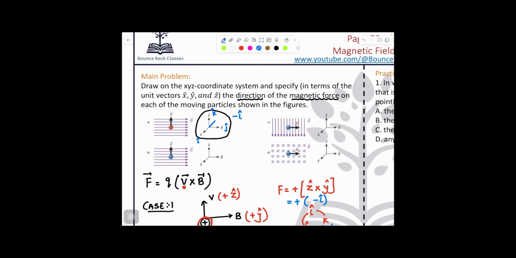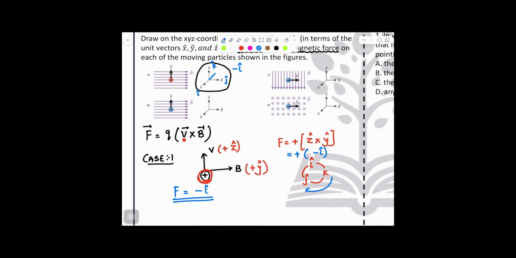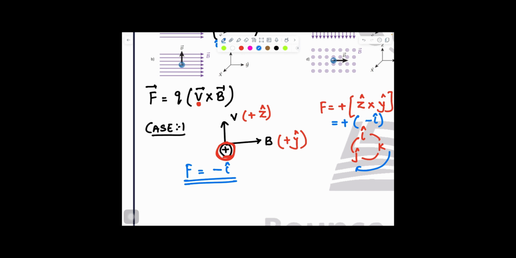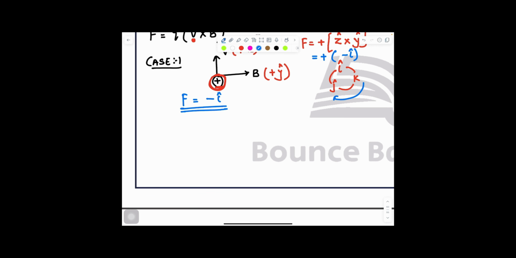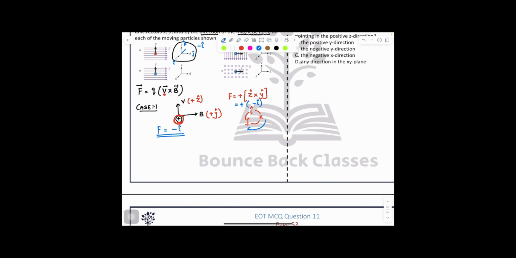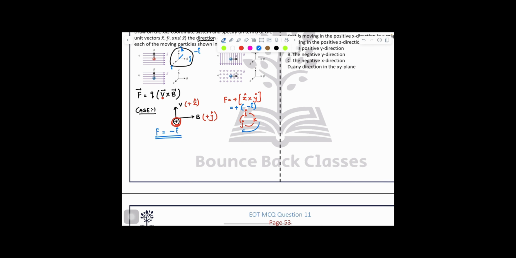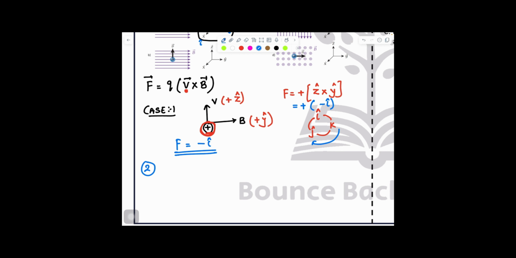Sure? Understand? Without using all the fingers and thumbs, it is very easy, because in every question there are limitations and you cannot solve it properly that way. Okay, now case B. Now try yourself, guys. I will write case number 2 here. Now just check this one. Where is the velocity?